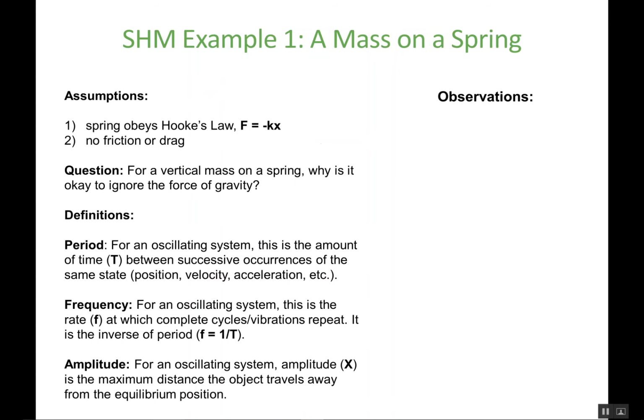Okay, let's take a closer look at our first example, a mass that oscillates on a spring. When we look at this system, we're going to assume that the spring obeys Hooke's law. You may remember Hooke's law from last semester. Hooke's law says the restoring force exerted by a spring is proportional to some constant k, which is called a spring constant.